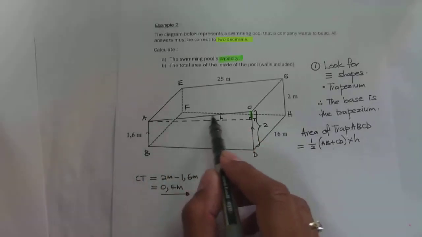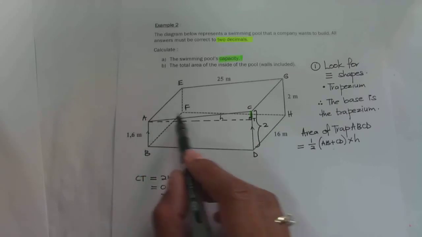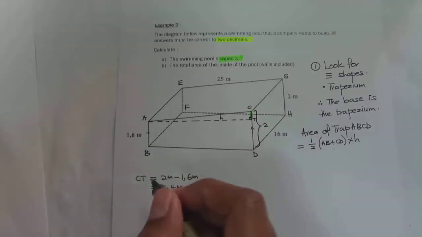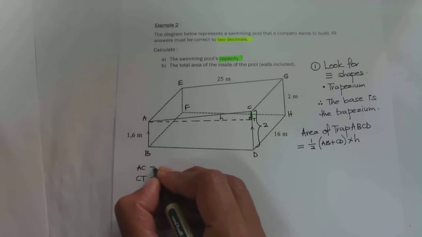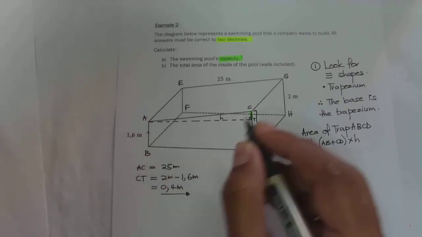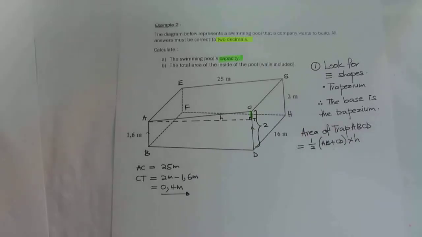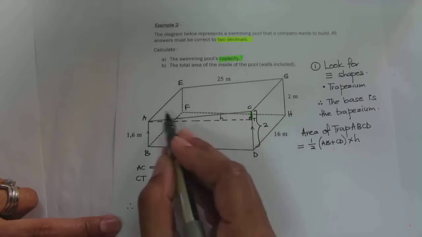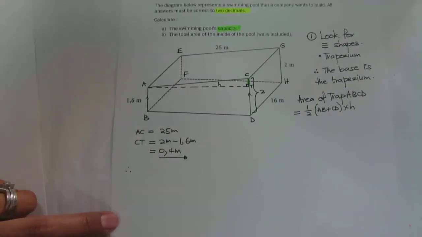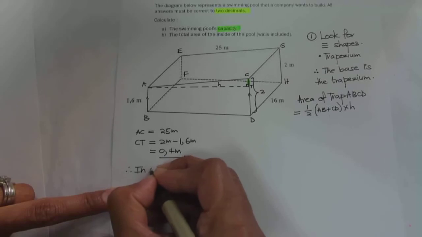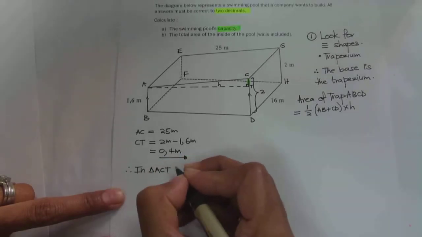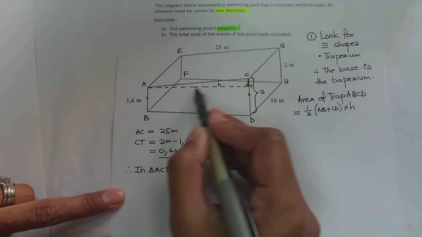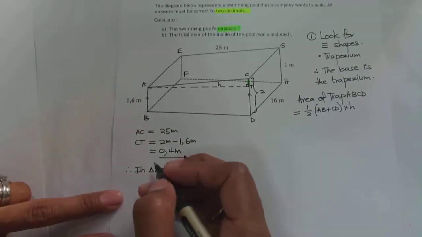Now, if you think about it, there is your right-angled triangle. This measurement, AC, we already know that AC is 25 meters. AC is equal to EG, so that is 25 meters. So therefore, we have a little triangle going on here, ACT. I've labeled it so it's easier to explain. So in triangle ACT, we can use the theorem of Pythagoras to calculate the length of AT.